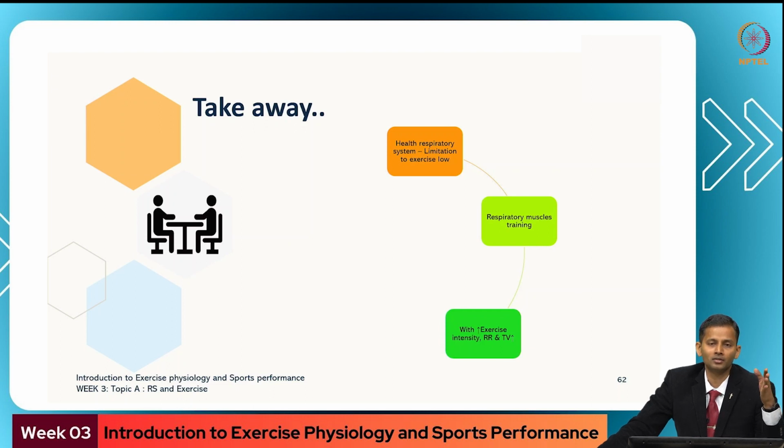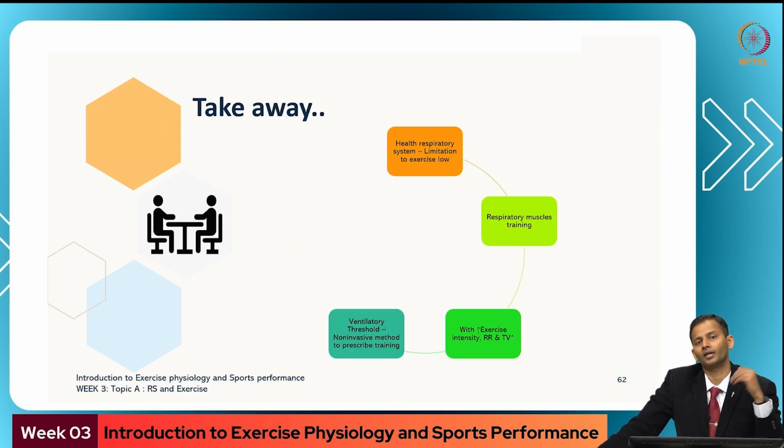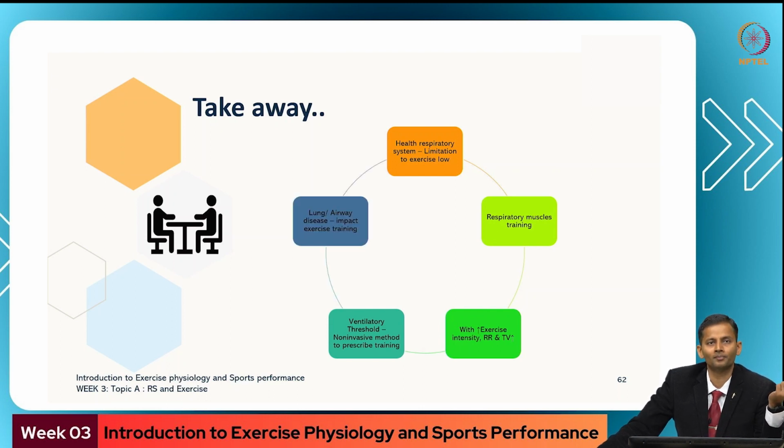With exercise intensity, there is an increase in the tidal volume initially during steady state, and gradually an increase in the rate disproportionate to the demand during the non-steady state, or the anaerobic phase, of long duration activity. Further, the ventilatory threshold at this point can be used as an important non-invasive parameter to prescribe exercise training in such individuals to improve their performance.